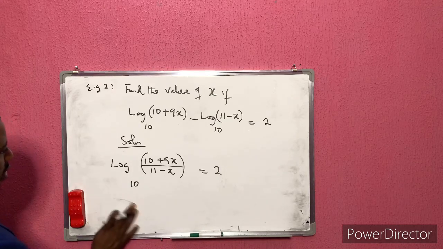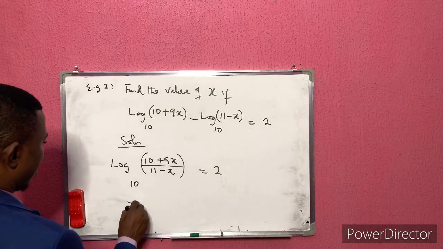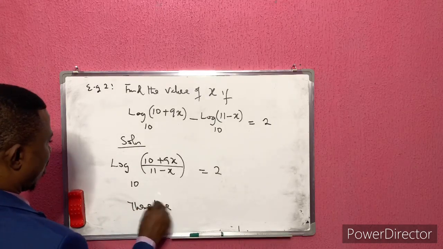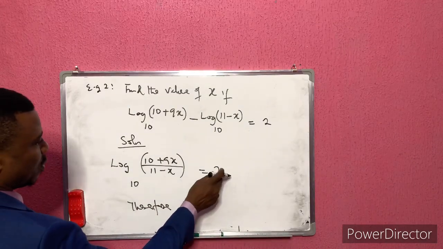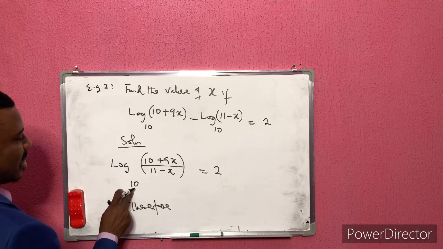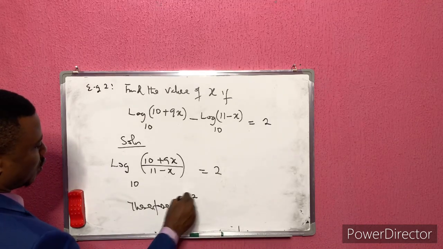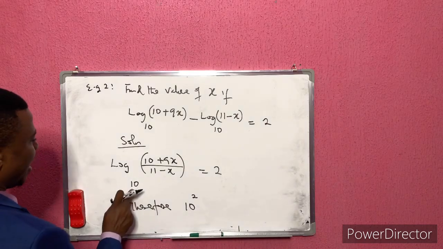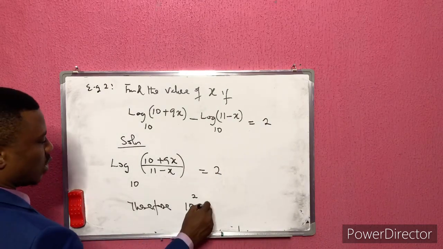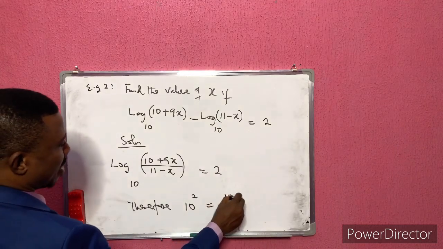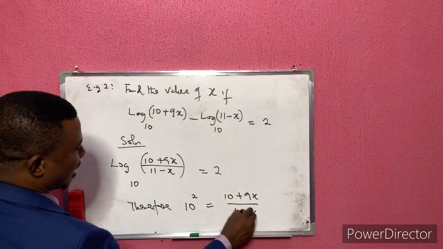Therefore, what I've been doing, the equality becomes the power of the base, such that you have 10 squared, this base raised to power 2, equals 10 plus 9x all over 11 minus x.